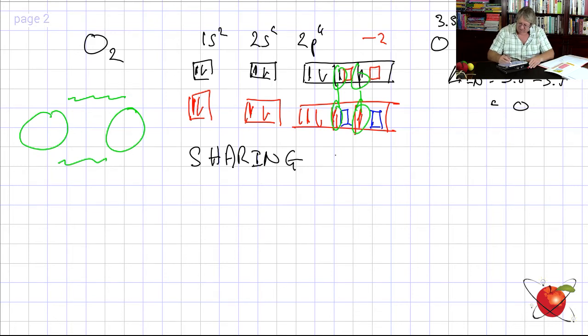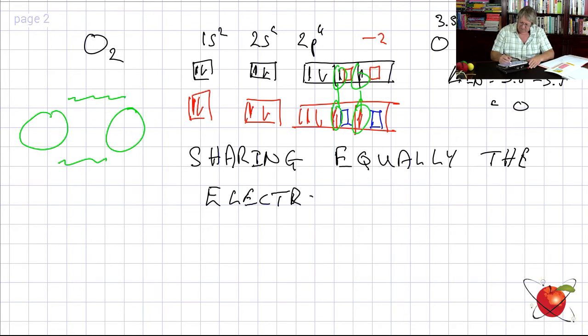And here's the rub. We are sharing the electrons equally.